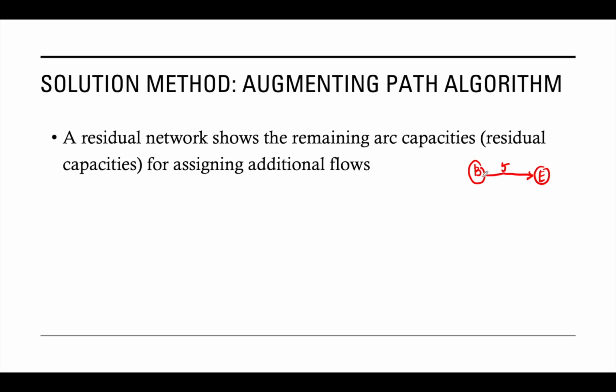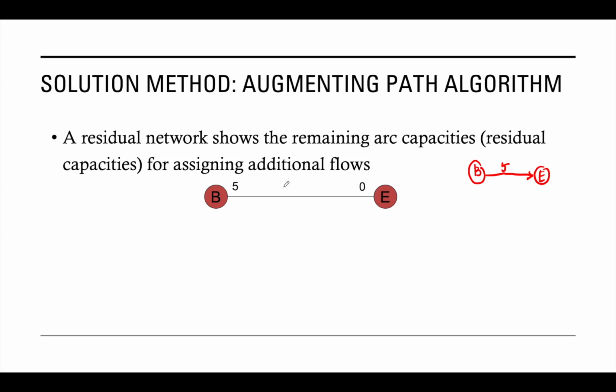And what do we mean by that? This graph with an arc BE with a capacity of 5, when converted into a residual network, will actually show this. So first thing that you will notice is that we remove the arrows already.